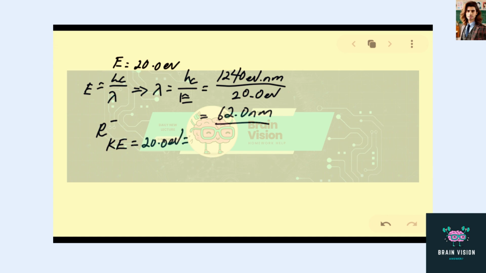This equals its momentum squared over 2m, p squared over 2m, and we gotta use this to find our de Broglie wavelength, given as h over p, which will equal h over the square root of 2m times the kinetic energy.